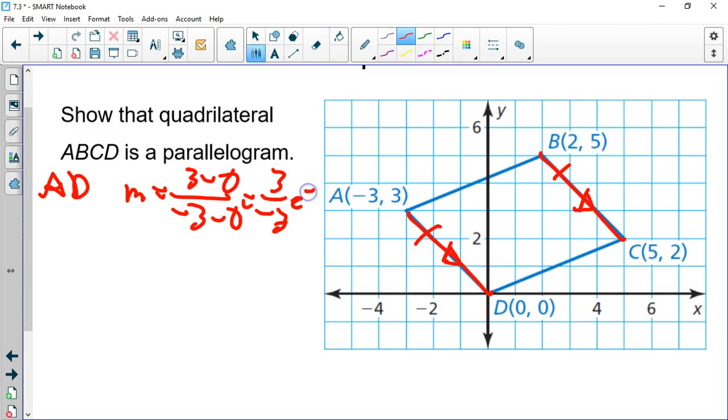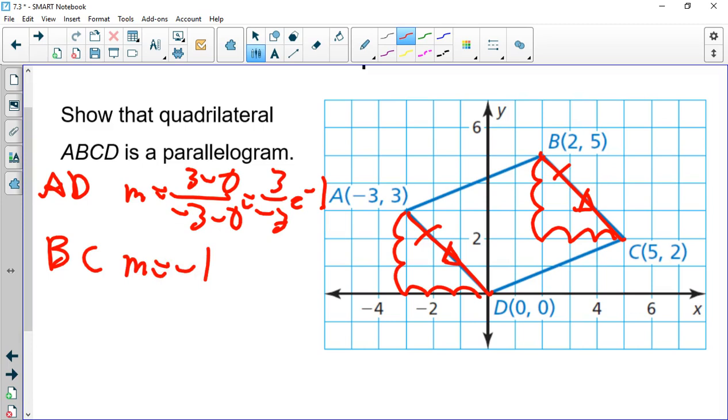Remember, when it's on a graph, you can also just count 1, 2, 3 down, and 1, 2, 3 right. That is a negative 1 slope. So you actually don't have to do the math if it's on a graph, which I'm going to do up here. So 1, 2, 3, 1, 2, 3. I've just proven that BC has a slope of negative 1 also. So I'm halfway there. Now I just have to prove congruence.